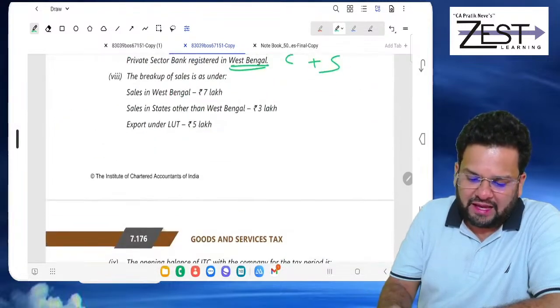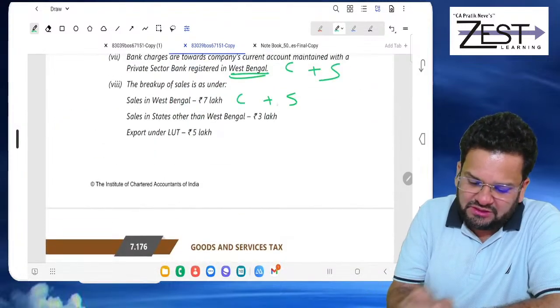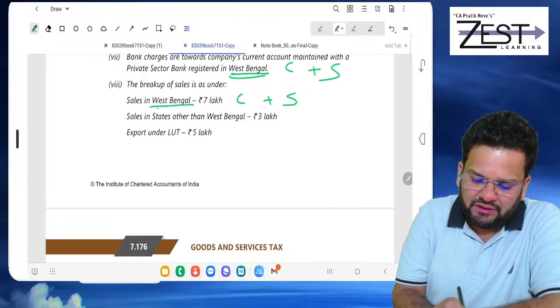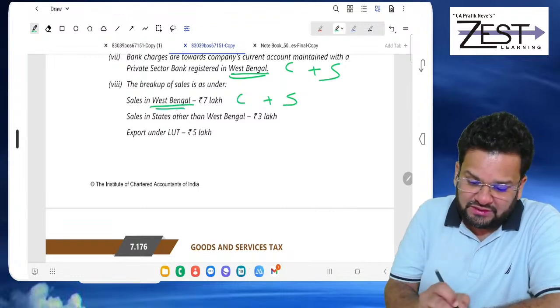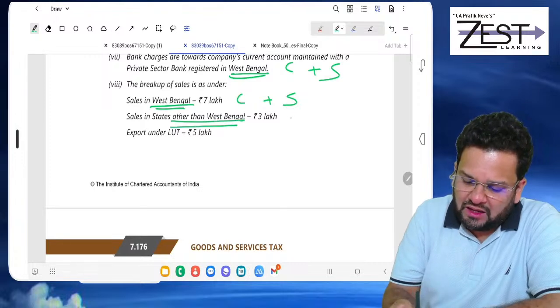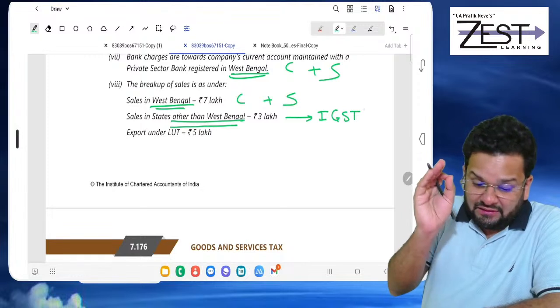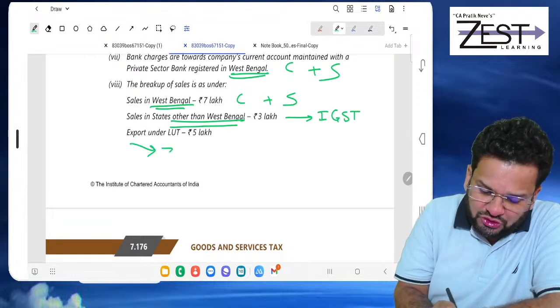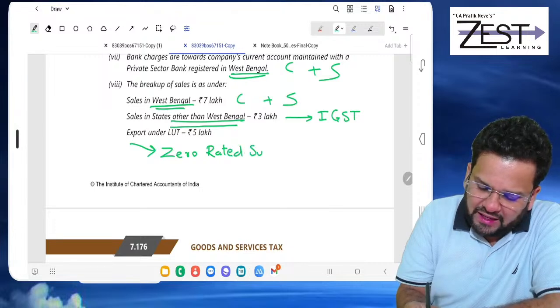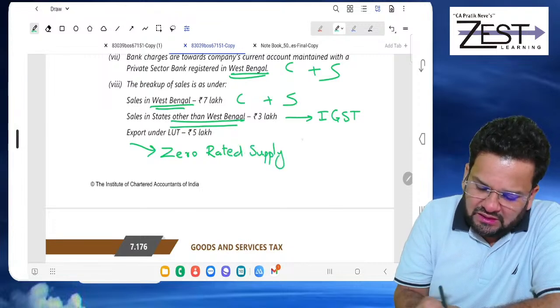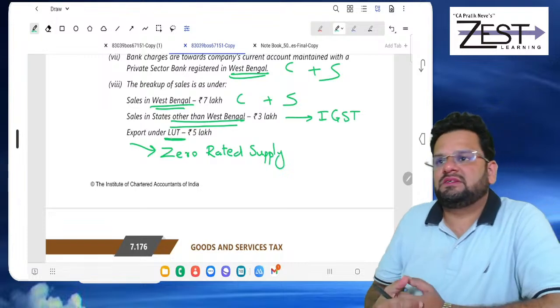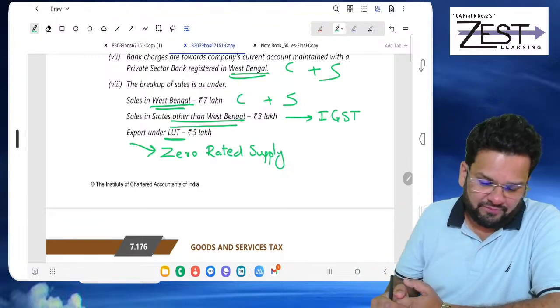Out of 15 lakh, on 7 lakh, there will be CGST plus SGST. They are within West Bengal. Sales in states other than West Bengal, on this 3 lakh, there will be IGST. And there is exports. So you know exports are zero rated supply, and it is under LUT, means there is a letter of undertaking.